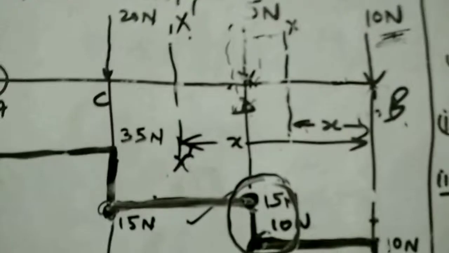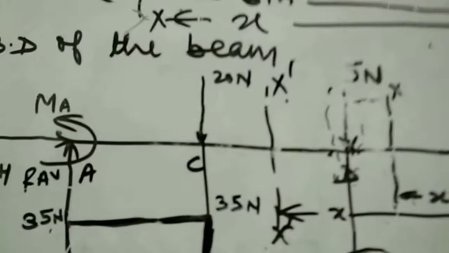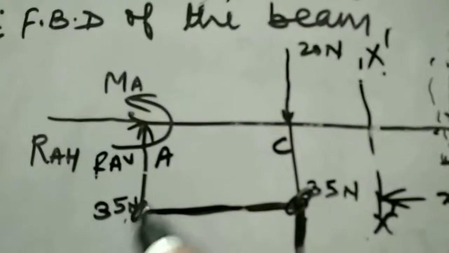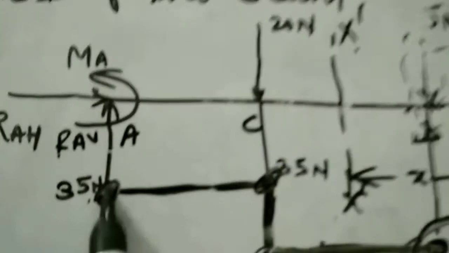So there is no variation of shear force from point C to A: it is 35 Newton at point C and also 35 Newton at point A, and the variation is represented by a line parallel to the reference axis.